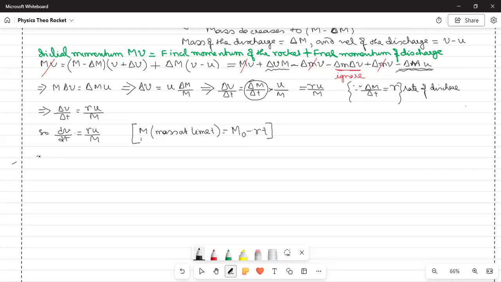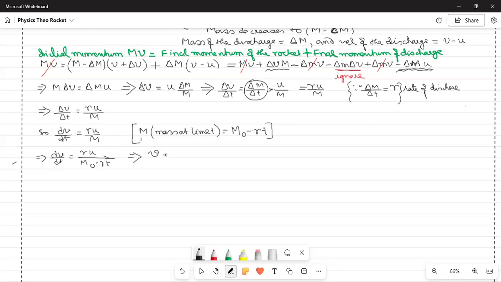So we can write dv by dt is equal to ru divided by m0 minus rt. From here, we can find out the value of velocity v at the time of t.